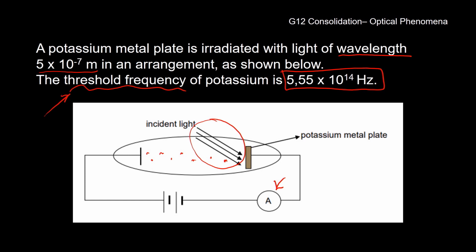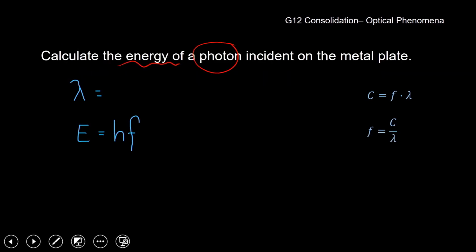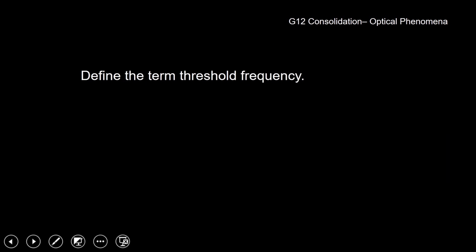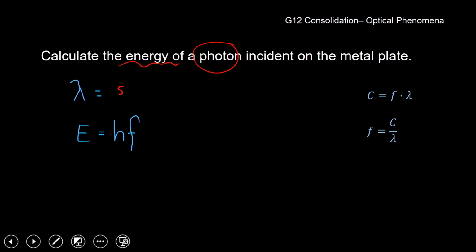So what kind of energy will that photon hold? Let me just check it back again, just so that I get it right: 5 times 10 to the minus 7. That is information that has been given to us.